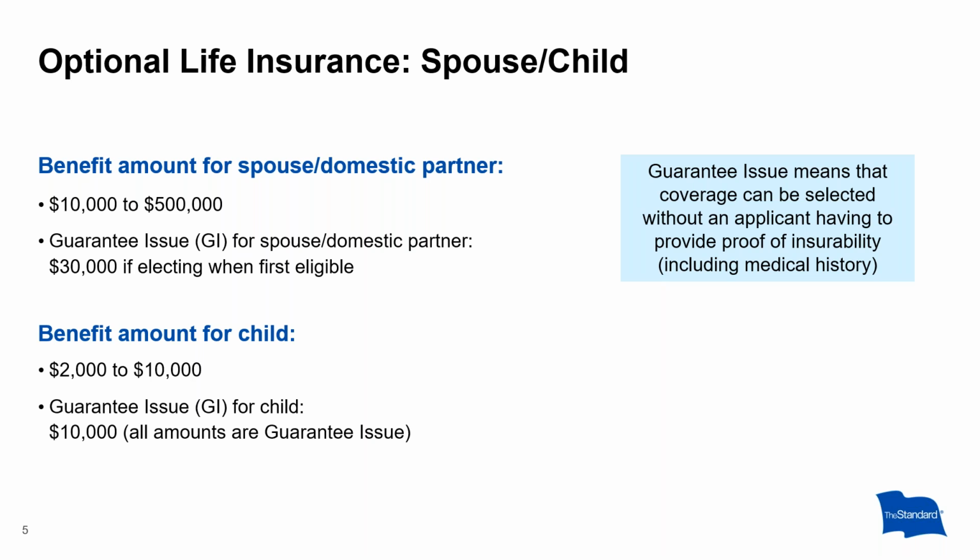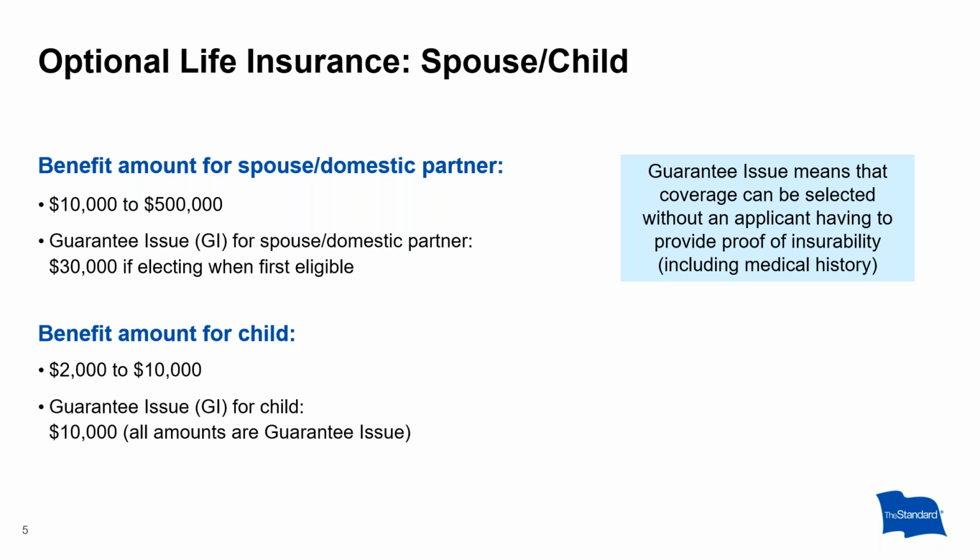There's also optional life insurance available for spouse and child. The caveat on this is that you must have optional life insurance for yourself as the member before you can elect optional life insurance for your spouse. For the spouse, you can elect coverage amounts similar to the employee, which is $10,000 increments up to $500,000.